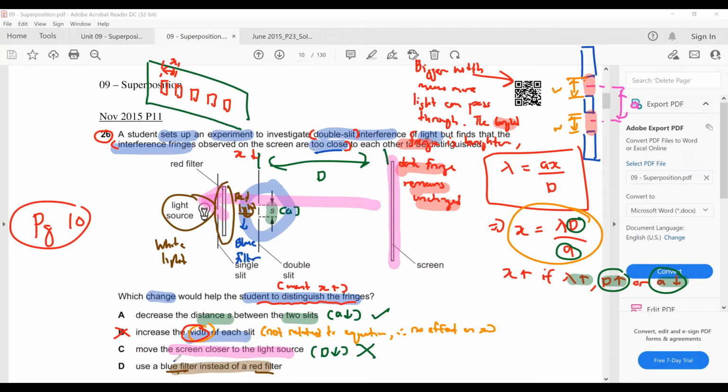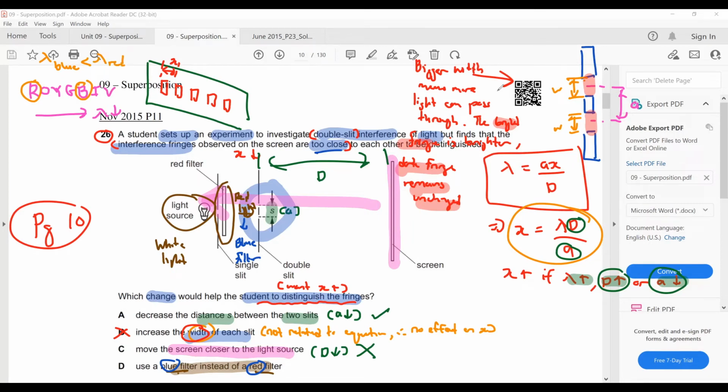So what you can do here is compare the relative sizes of your wavelength. When it comes to color and you want to determine the wavelengths, always remember this: going towards the right, wavelength decreases. Red light is over here, blue light is over here. Since the blue light is on the right side of red light, I can say that the wavelength of blue light is less than the wavelength of red light.